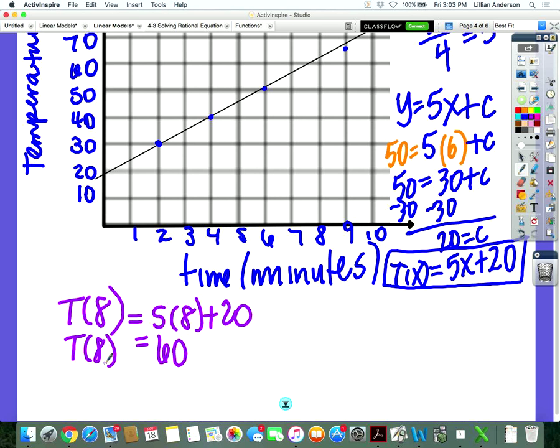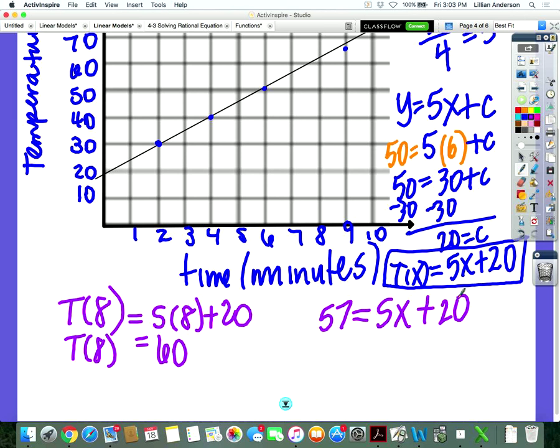What does part C part 2 say? How do we figure out the time? Plug it in. Be a little more specific. Plug what in for what? 57 in for T of X, the Y, because this time we're looking for the minutes. Minutes are represented by X. So I'm trying to figure out after how many minutes the temperature is going to be 57 degrees.